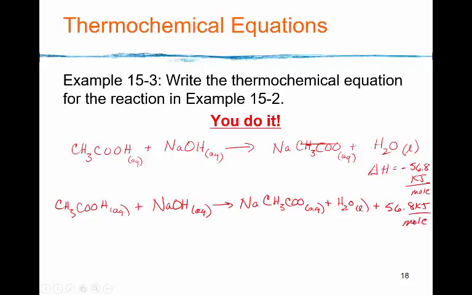How come I can do that? Because it's a product, so it's saying it's evolved. Or I could write it as the delta H equals minus 56.8. Either way you see that, those are exothermic. I either tell you with the sign or I tell you that it's a product, not a reactant.